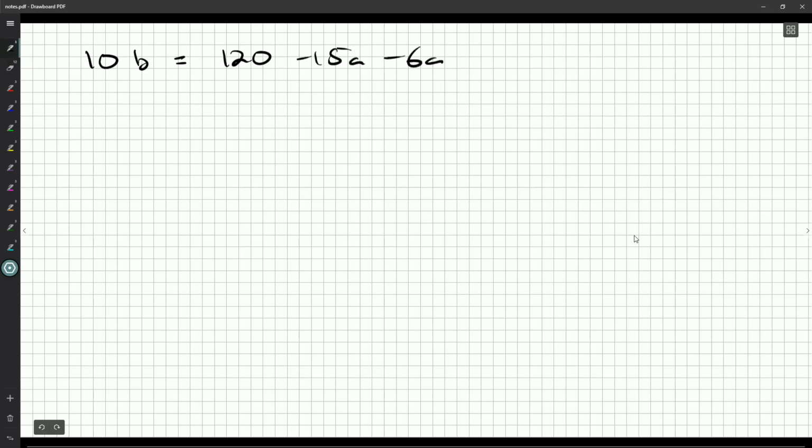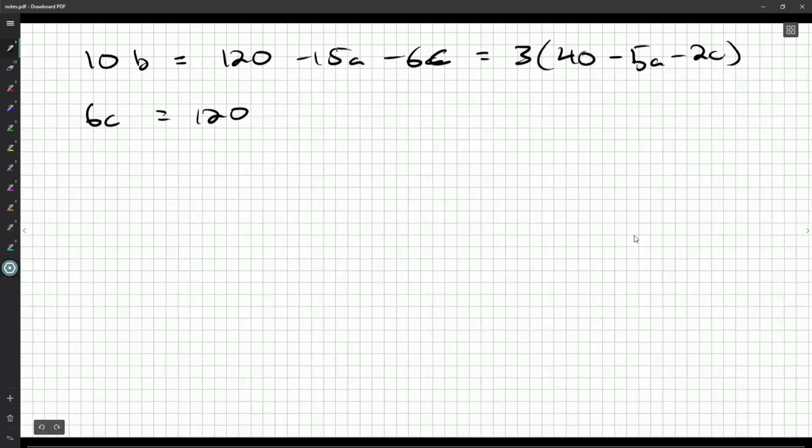15a and 6c. So it's 120 minus 15a minus 6c. And c was over the 5, so this should be... Yeah, we can take out a factor of 5 there.